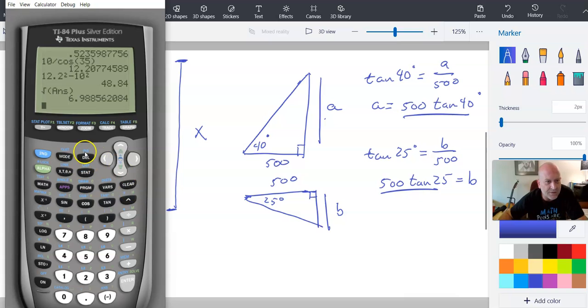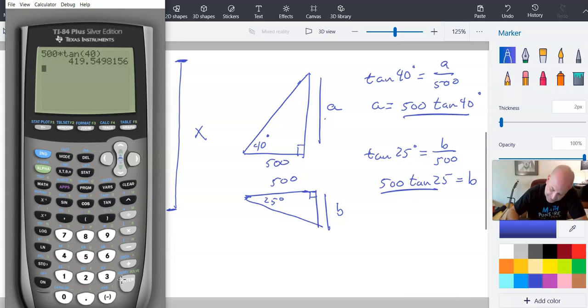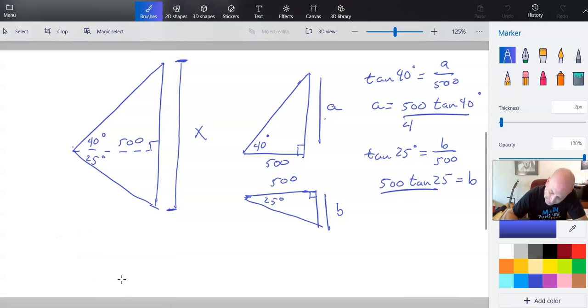Okay, so let's go ahead and clear this. Okay, so let's see here. We got 500 times tangent 40 degrees. And remember, we switched it to degrees already. And boom, 419.5. So this is 419.5 meters.